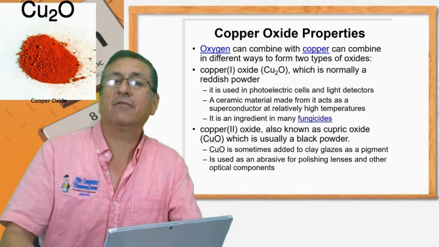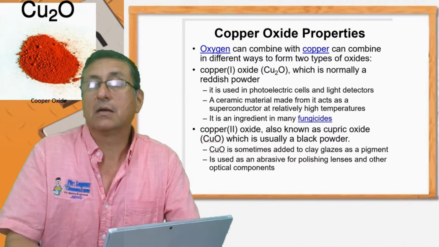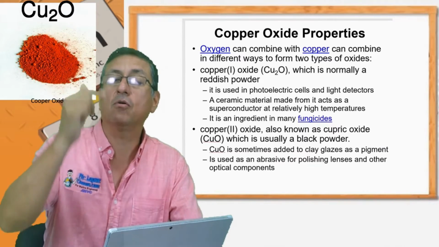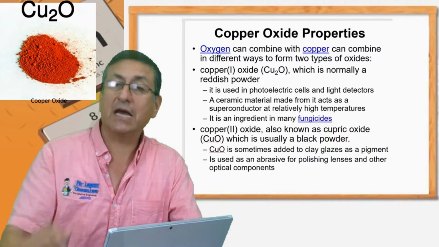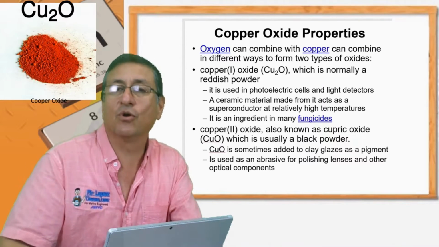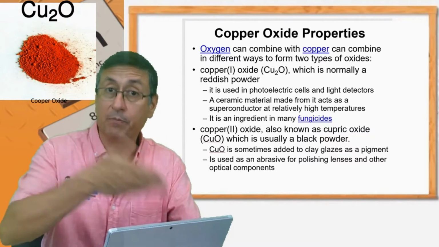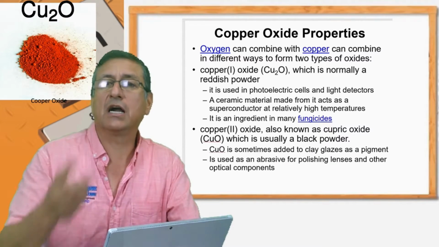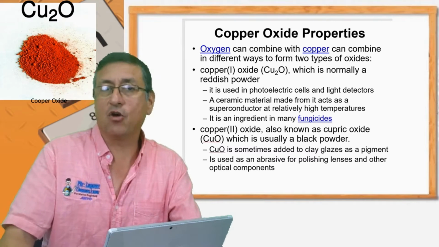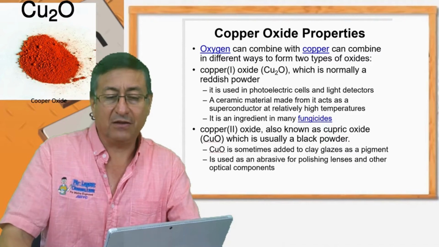Those elements have in the last orbit 3 electrons. But depending on how they are combined with the oxygen, they produce different types of oxide, and the color of those oxides is different. For example, copper, in this particular case, the most common are copper 1 and copper 2.